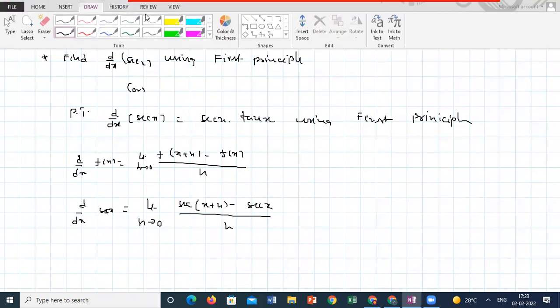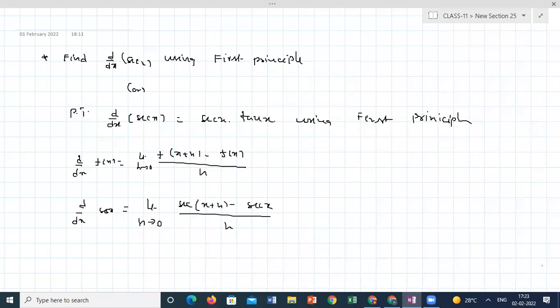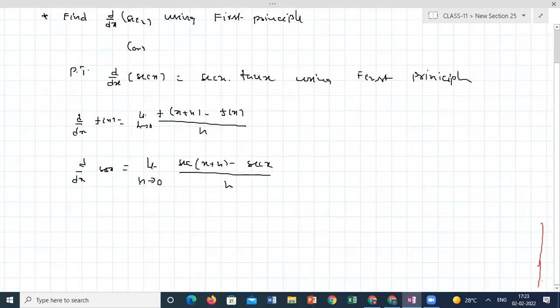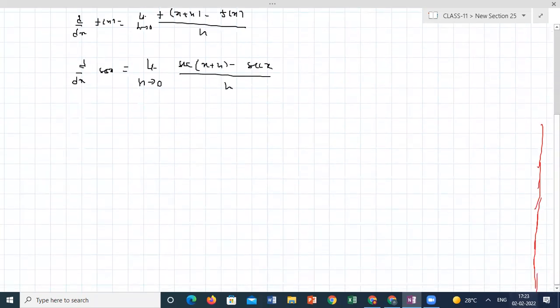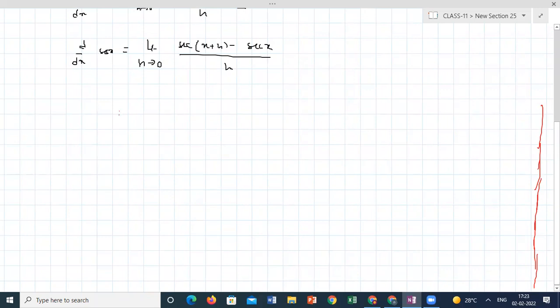So we avoid that. What do we have to do, students? How to proceed with this limit concept? Limit h tends to 0. How to do the limits with respect to secant?